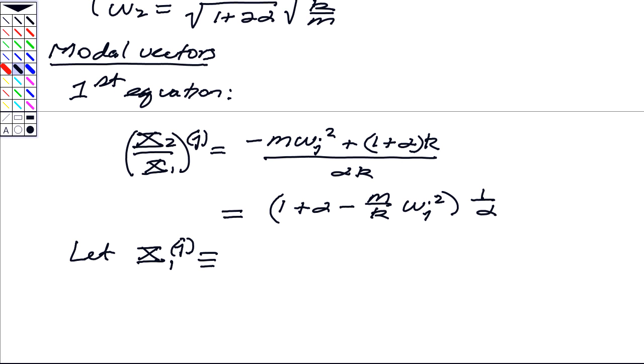So that's chosen to be 1. As a result, then, our two modal vectors, x1 and x2, are 1, 1. I'm sorry, that should be a 1, 1.